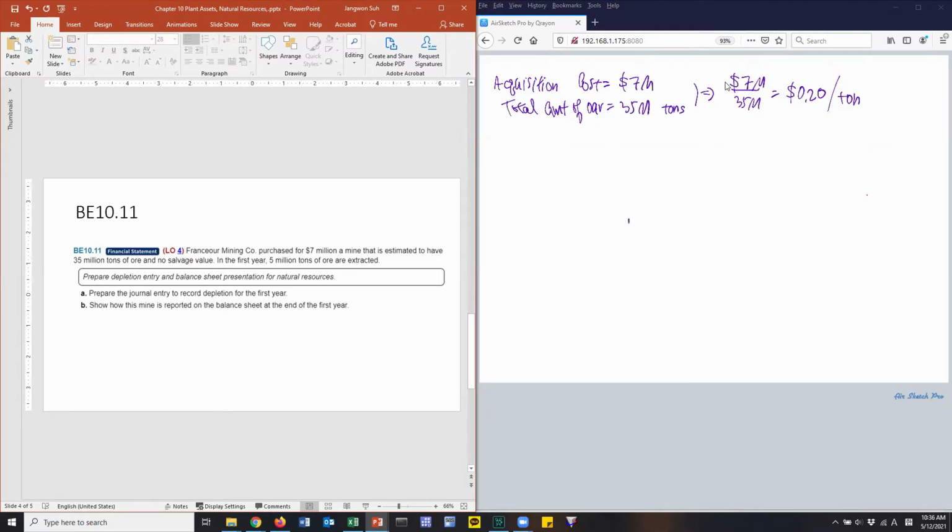And then A, in the first year, you extracted how many tons? Then, in dollar terms, how much is the 5 million tons of ore? It is $1 million value of ores.